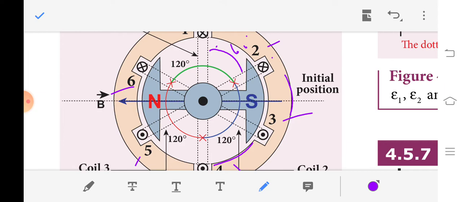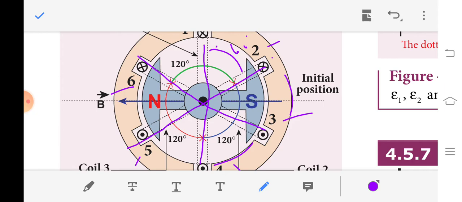The conductors of the slots are joined: 1 and 4 in series, the conductors 3 and 6, and the conductors 2 and 5.